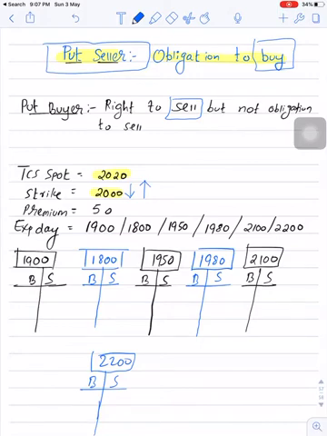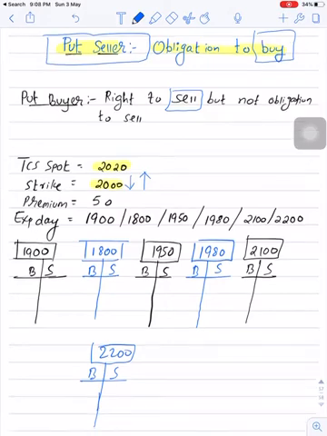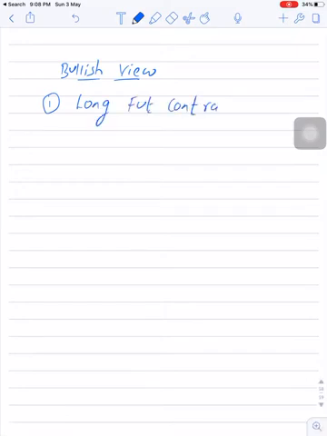So you have to remember this point as well, when to sell a put option. When you have a bullish view you can sell a put option, and when you have a bearish view you can purchase a put option. Now when you have a bullish view, again you have three choices. Number one, you can take a long position in a future contract.